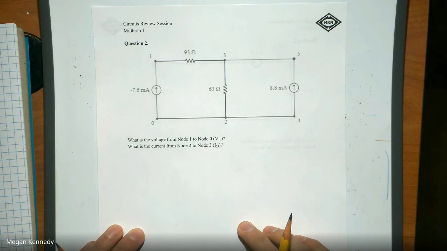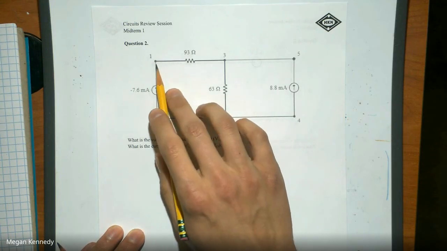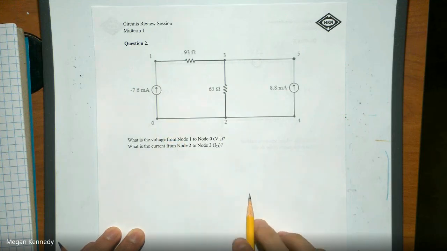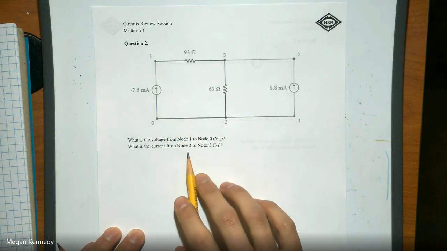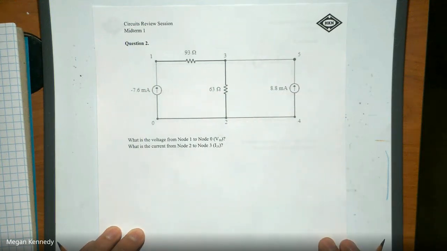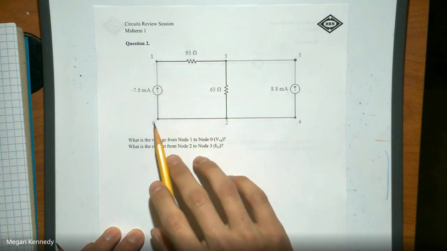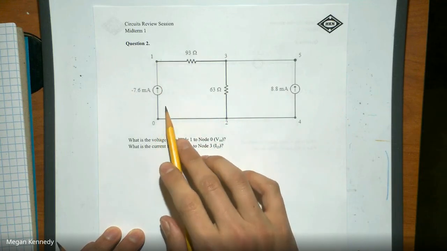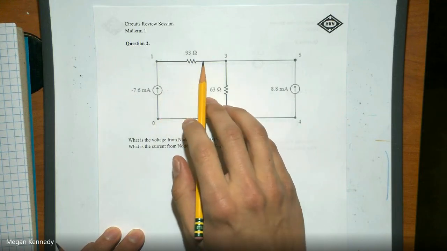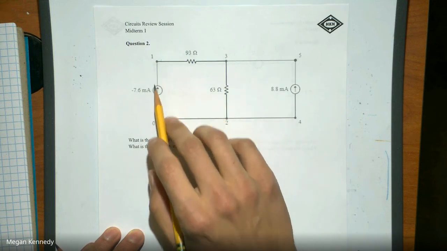So this one is asking for the voltage from node 1 to node 0, and the current from node 2 to node 3. For the voltage from node 1 to 0, I'm going to have to find the voltages across these 2 resistors, since I can't calculate across this source.